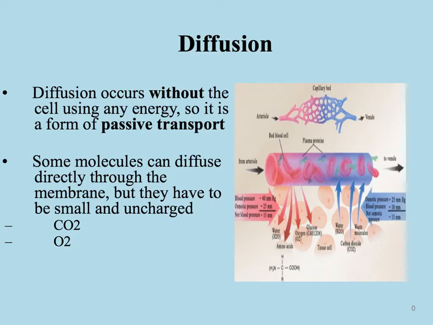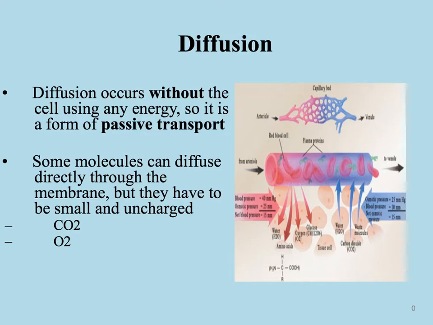So what are some examples of things that can move directly through the phospholipid layer? That would be carbon dioxide and oxygen. Remember when we talked about the cell membrane, we said that small particles or particles that do not have a charge can move directly through. The reason they have to be uncharged is because the lipid portion of the phospholipid layer is nonpolar, so it's only going to allow other nonpolar substances to move through.